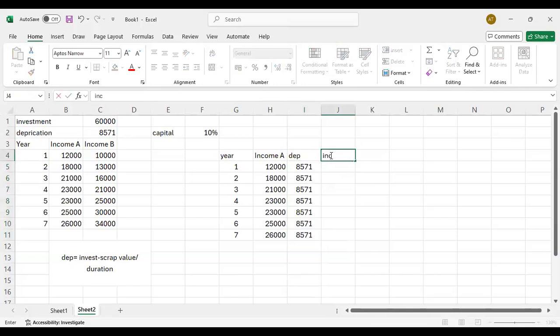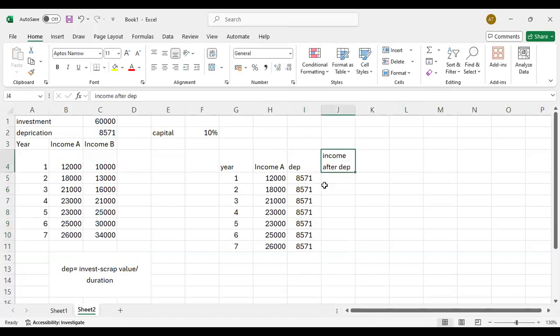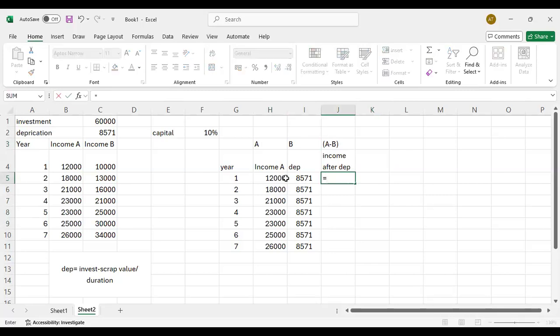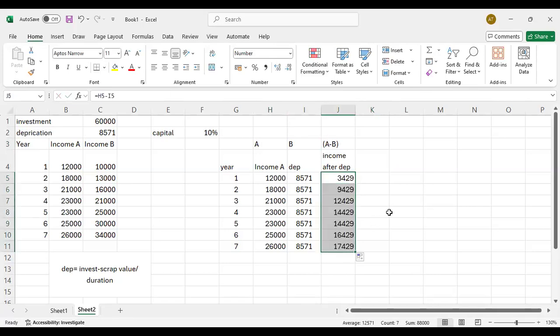Then I'll find income after depreciation. Suppose I consider this column as A and this column as B, then here it will be A minus B. So what is the income after depreciation? 12,000 minus depreciation, and find out for 7 years.